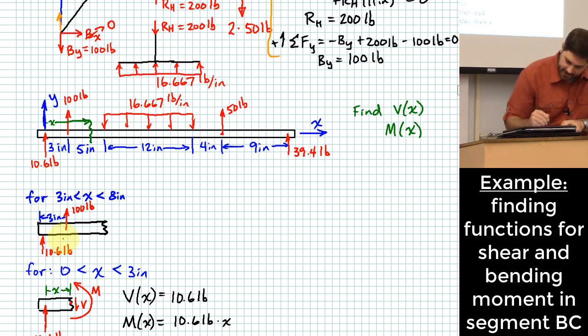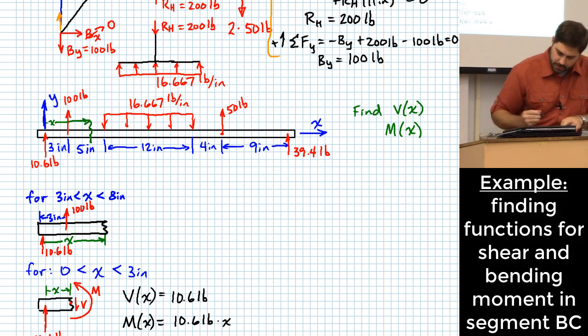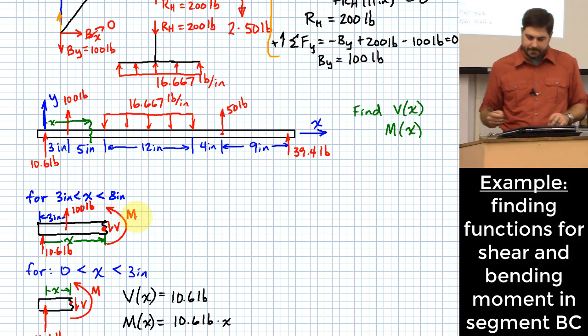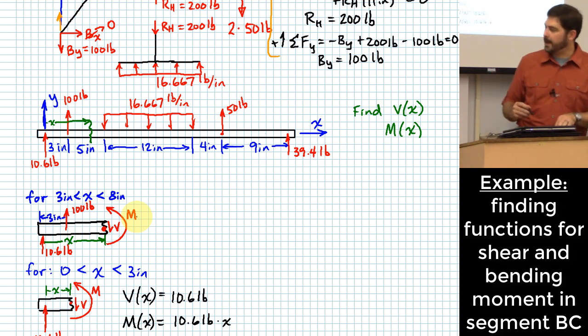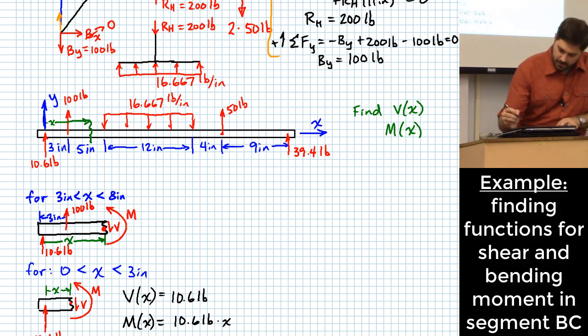There would be X to where the cut was made. We're going to assume our positive sign convention, right? V and M. Okay? And I'll go ahead and do these out.